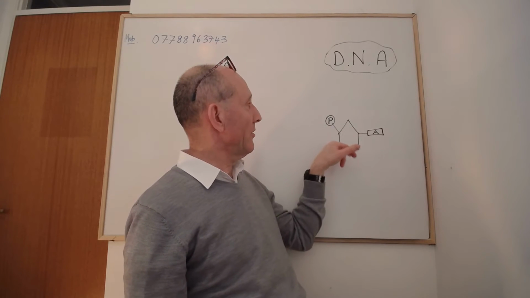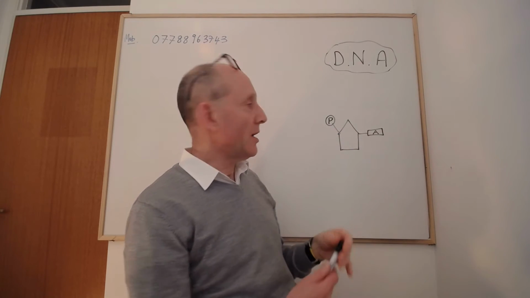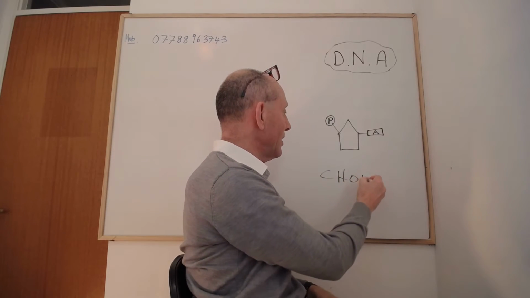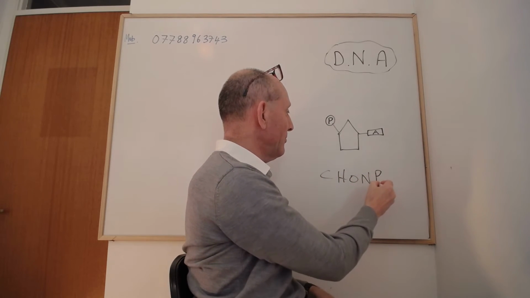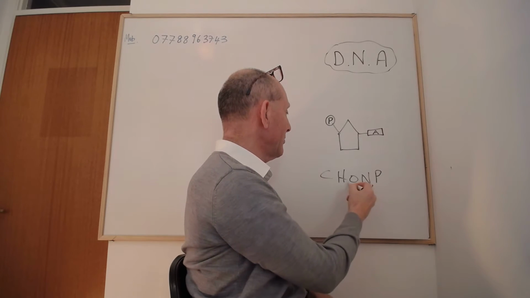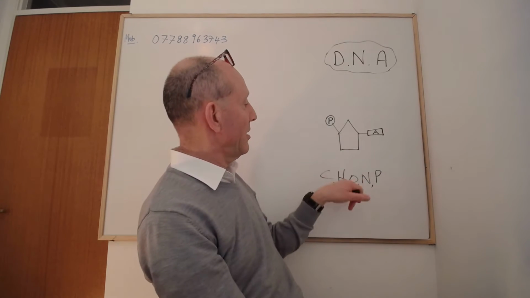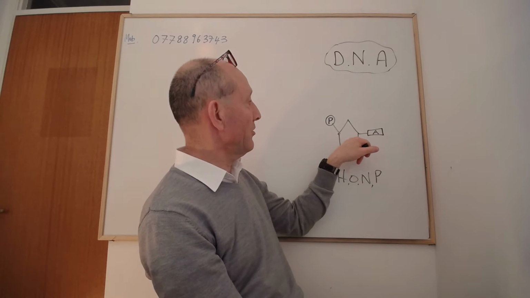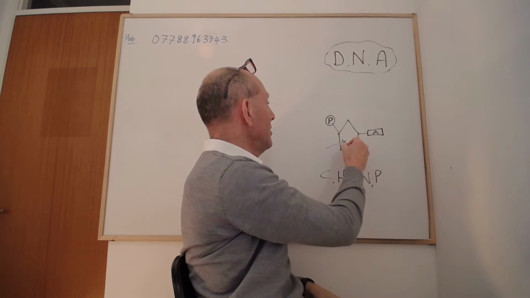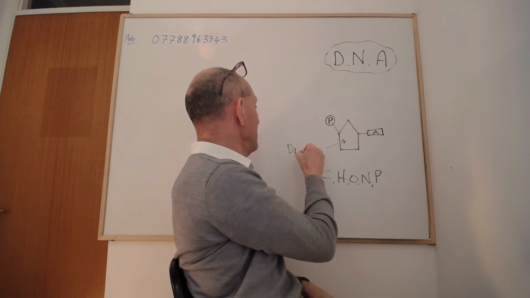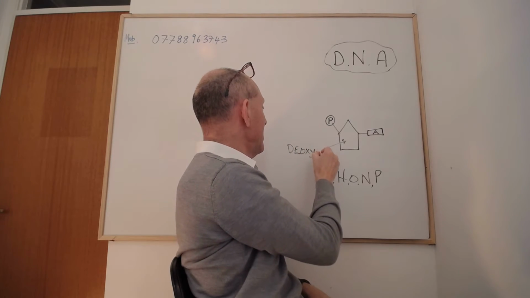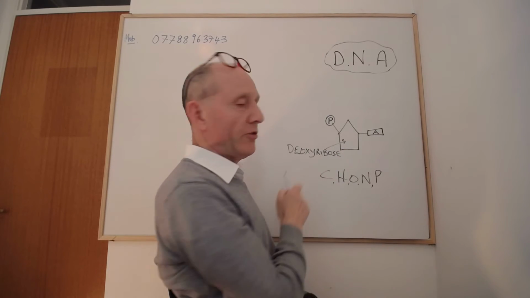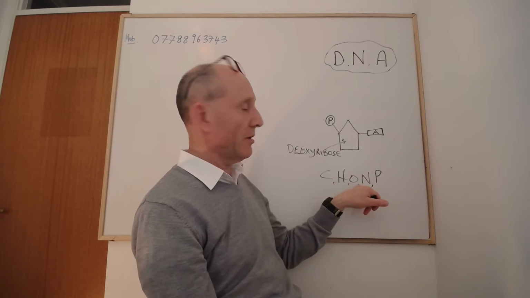And if you look closely, I said at the start that you have carbon, hydrogen, oxygen, nitrogen, and phosphorus. All these elements are present in DNA. The carbon, the hydrogen, and the oxygen are present in the deoxyribose, D-E-O-X-Y-R-I-B-O-S, the sugar.